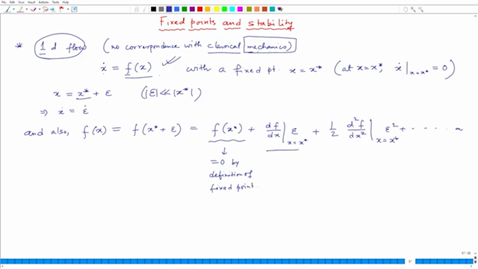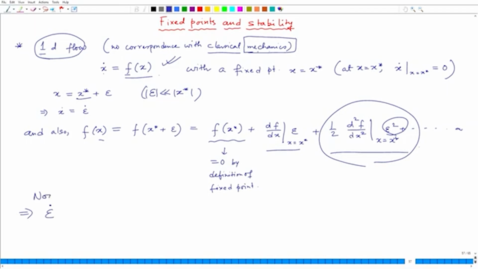Then I have this thing. And now I will say that this epsilon is so small that I can even neglect the epsilon square part. So what can I do with this? I can remember that x dot is now epsilon dot.